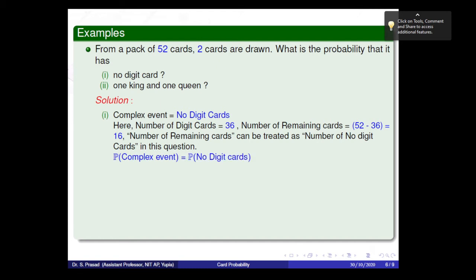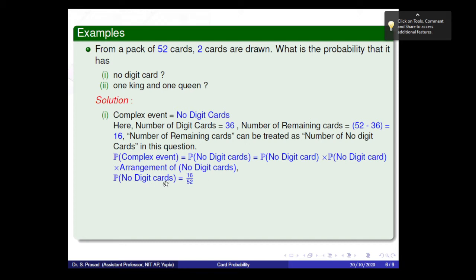Now the complex event is the probability of no digit cards, and since two cards are drawn, no digit card is coming two times. So we write the probability of no digit card into the probability of no digit card into the arrangement of no digit cards. And after that we write the probability of no digit card.